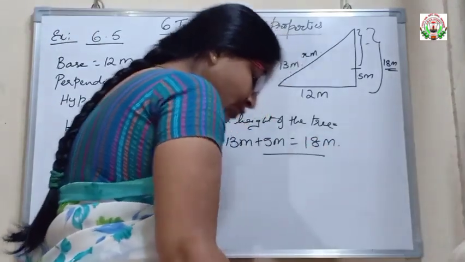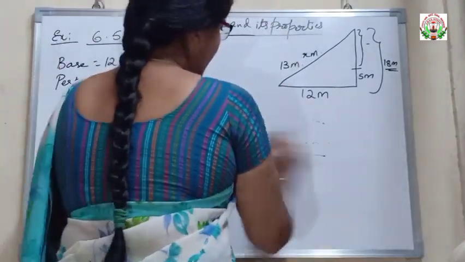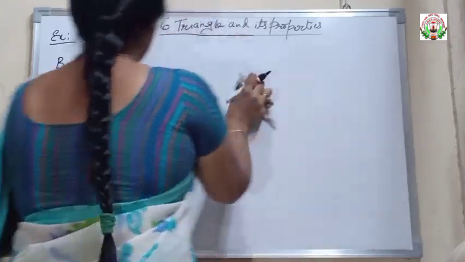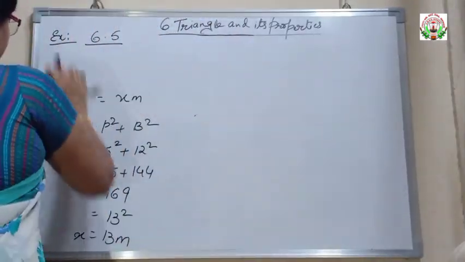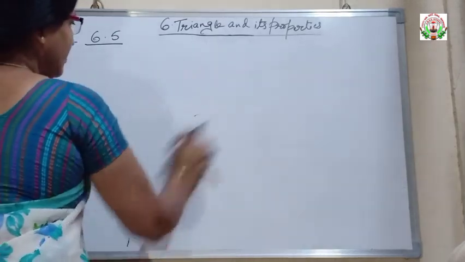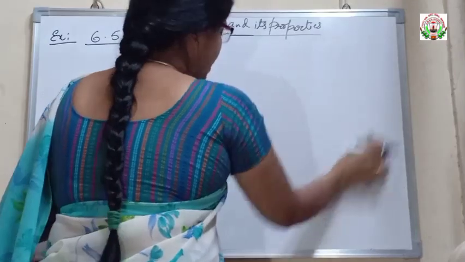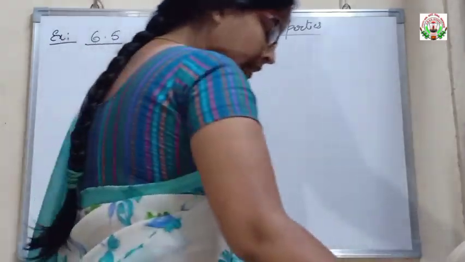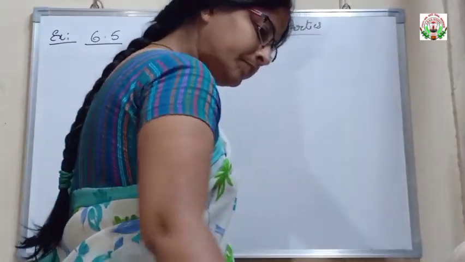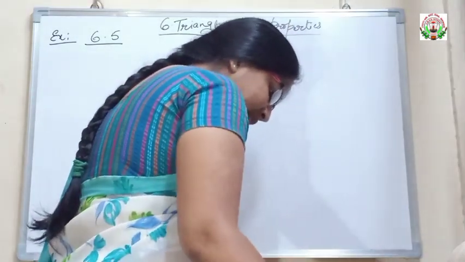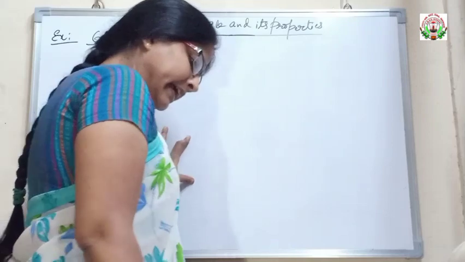Next one, 6th question. See your 6th question there. Angles Q and R of a triangle PQR.